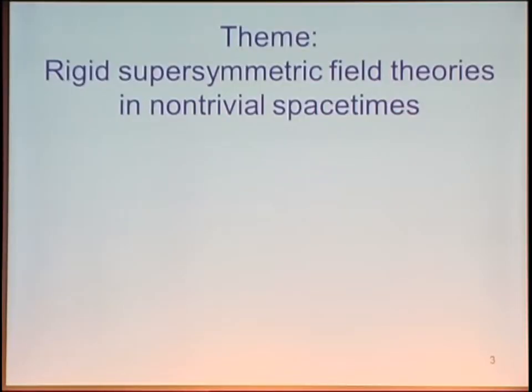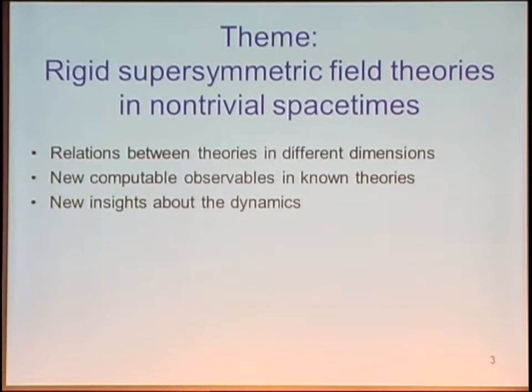We're not doing string theory or supergravity. We're just doing rigid supersymmetric theory, but we do it in curved or non-trivial space-time. People have done that before, but I think this has been, in some way, the focus of many of the recent developments. And there are 3 classes of things which come under this category, and I'll list them now, and then there will be a slide for each of them.